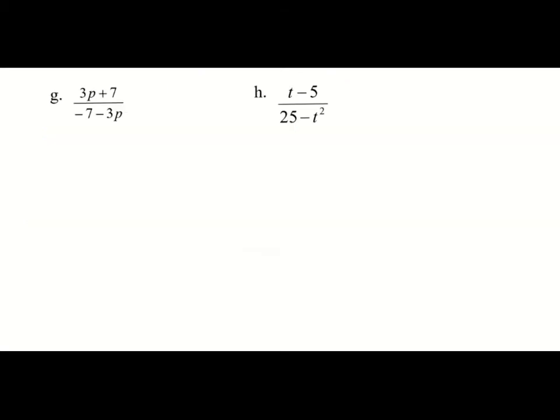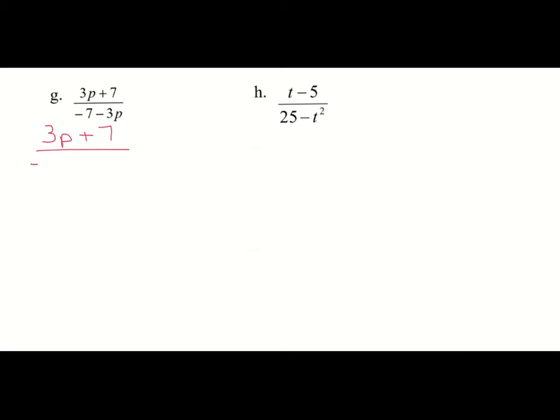Okay, so let's see here. For G, again, I have 3p plus 7 times negative 7 minus 3p. And again, they kind of look like opposites. Now, I do know the top is all factored, so I'm going to keep 3p plus 7. On the bottom, let's pull out a negative 1 because I have negative 7 and negative 3p.